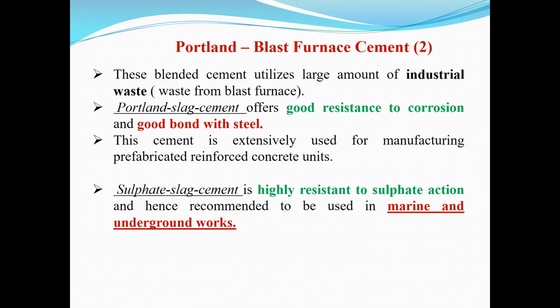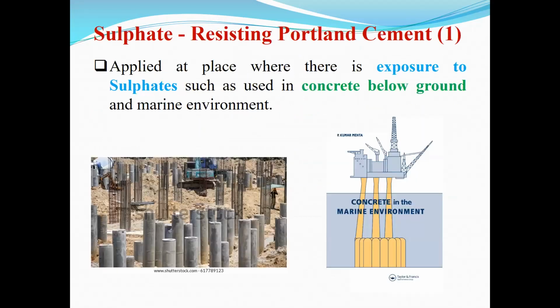And sulfate slag cement is highly resistant to sulfate action, and it is recommended for marine and underground works, because in marine and underground environments, sulfate attack actually happens. Then sulfate resisting Portland cement is applied where the exposure to sulfates is greater, normally in concrete below ground and also in marine environments.